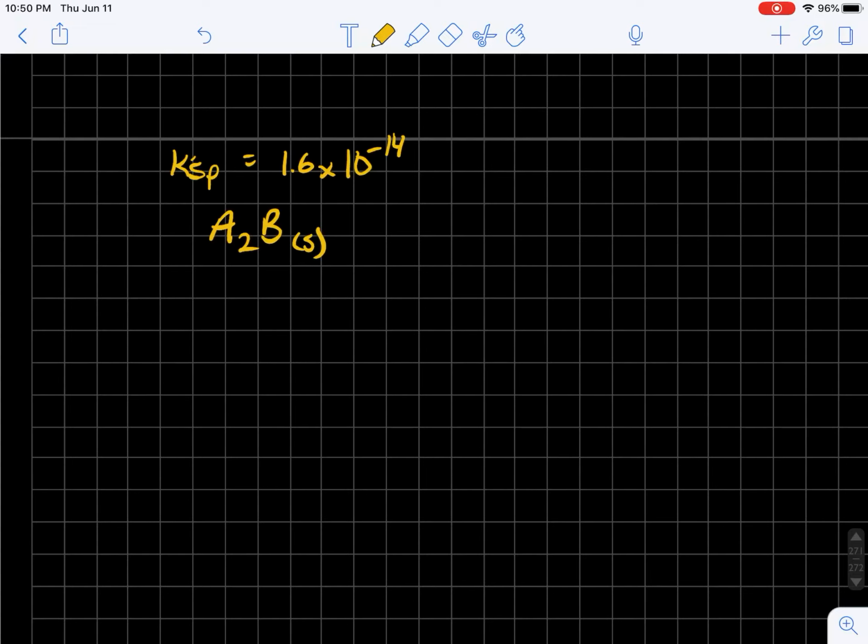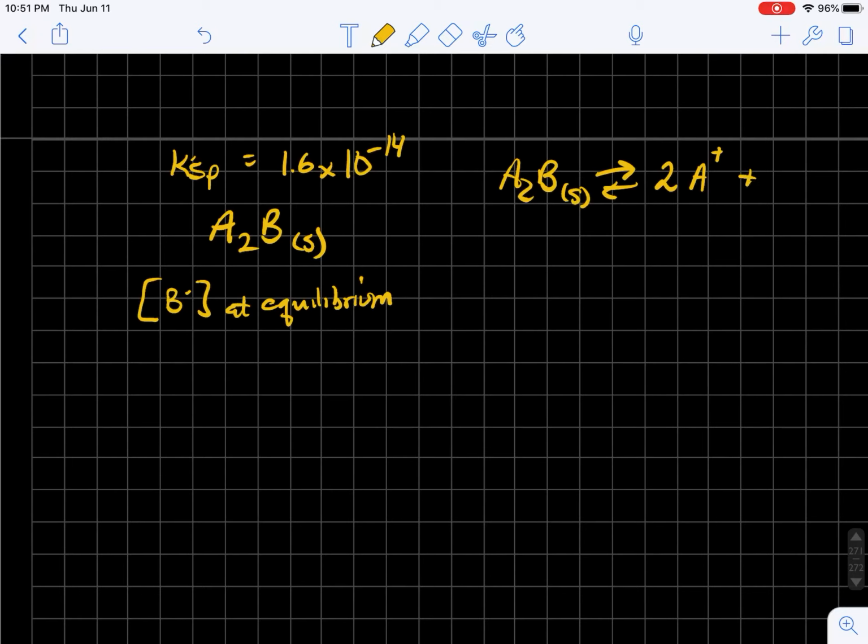All right, they want to know what is the concentration of B minus at equilibrium. Well, Ksp gives you the equilibria for how much will actually dissolve. Now, in this reaction, or process rather, A2B will break up into 2 moles of A plus and 1 mole of B2 minus.